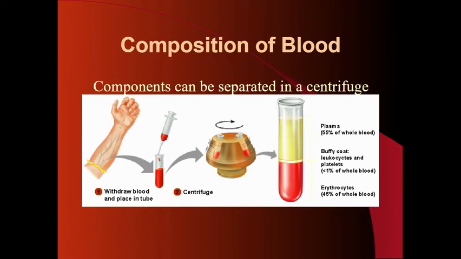There'll be a middle buffy coat, which contains leukocytes and platelets, which is less than 1% of our blood. And then on the bottom, the heaviest part are the erythrocytes, and that makes up 45% of our blood.